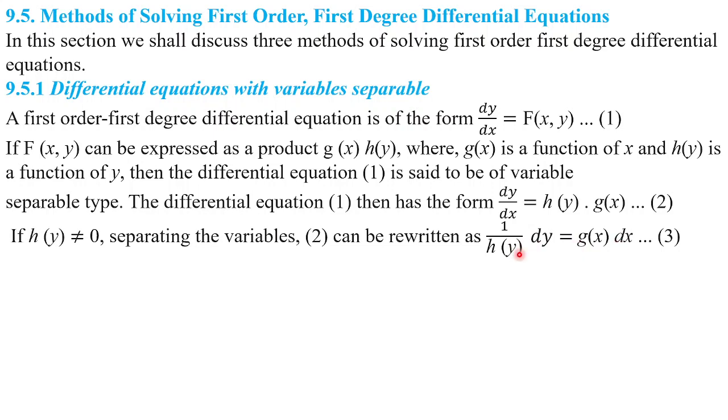In the variables separable method, we have to write the entire function in y into dy is equal to the entire function in the variable x into dx. This equation is very important in this method. If you can write the given differential equation in this form, then it is easy to solve it. Okay, my children, right?